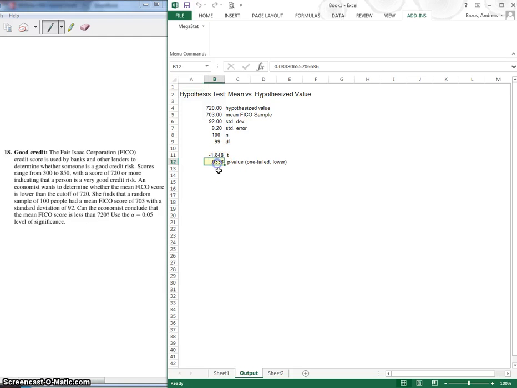and what we get is a p-value. So there's our p-value. Here's also our test statistic as well. The main thing is that we're trying to determine whether to reject the null or not. We do this by checking whether our p-value is less than alpha, which is true in this case.